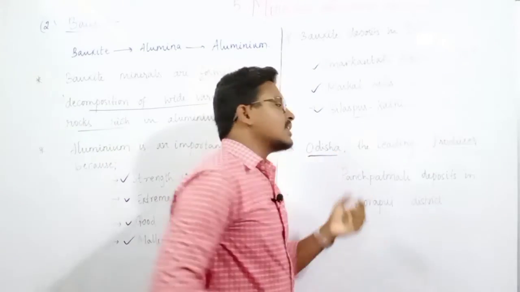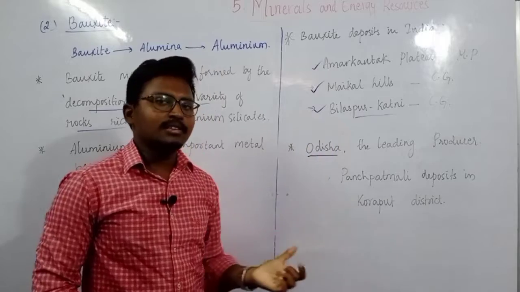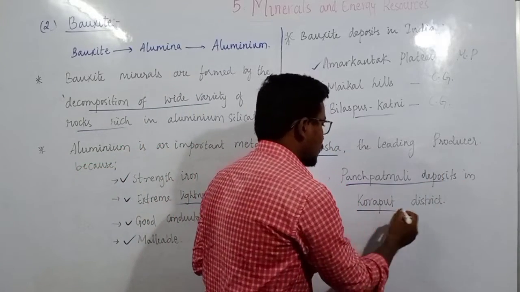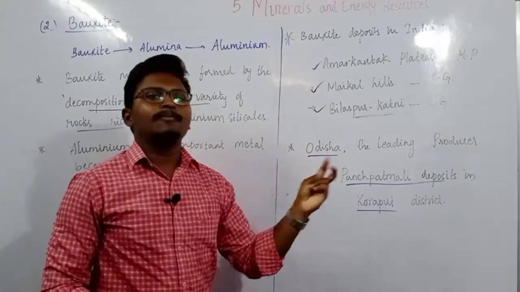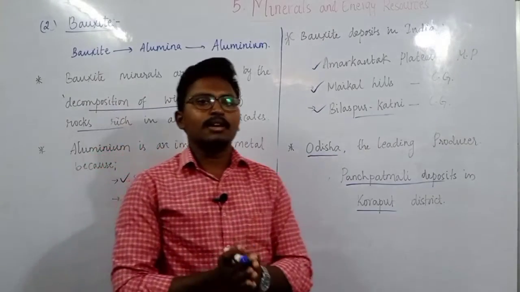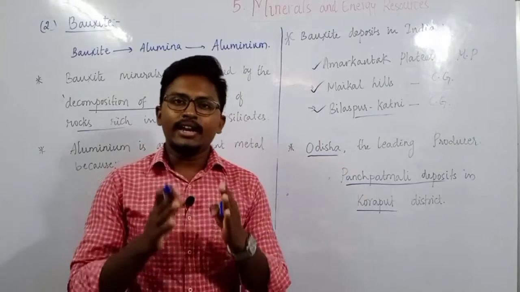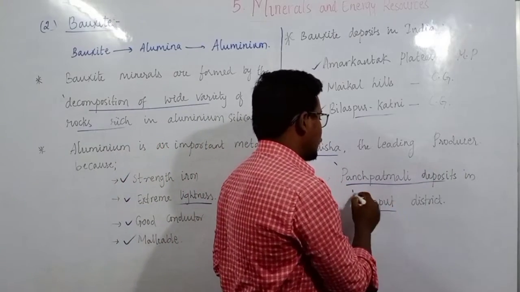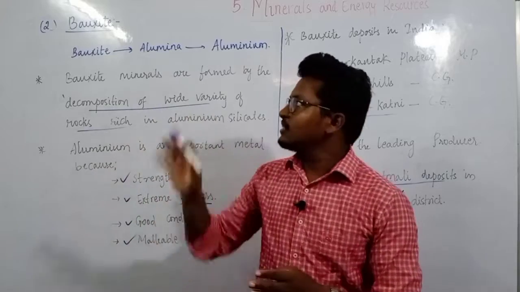In Odisha it is mainly the Panchpatmali deposits, which are located in Koraput district. So among all the states in the country, the leading producer of bauxite is Odisha, and in Odisha it is the Panchpatmali deposits in the district known as Koraput. So that is about bauxite.